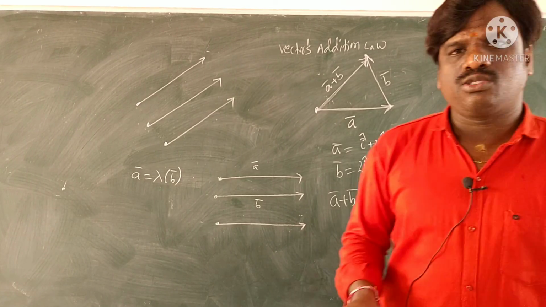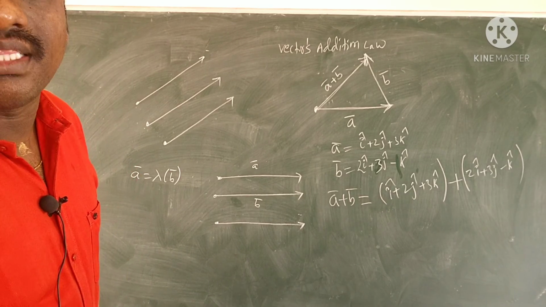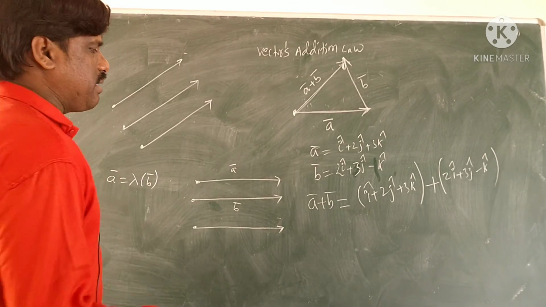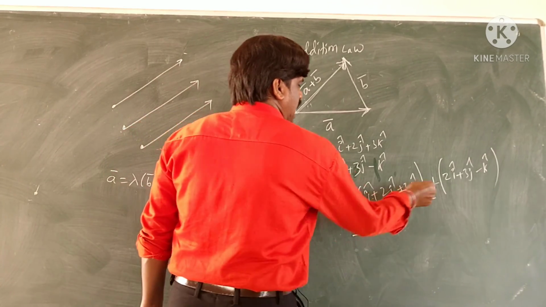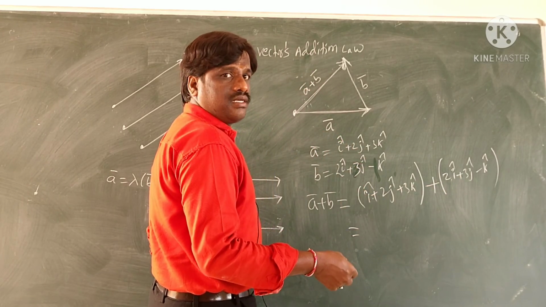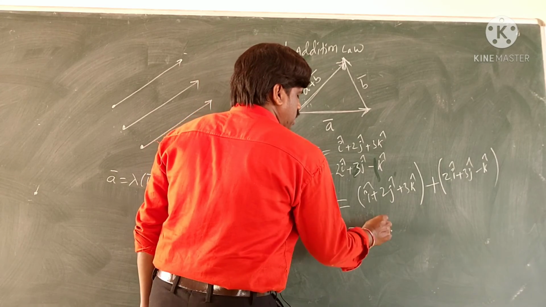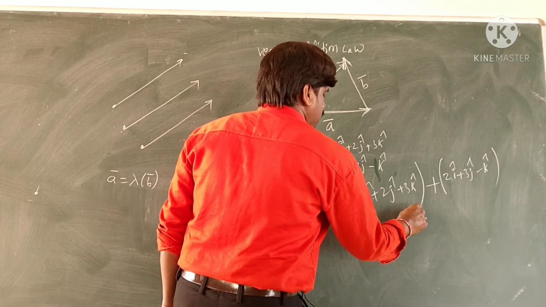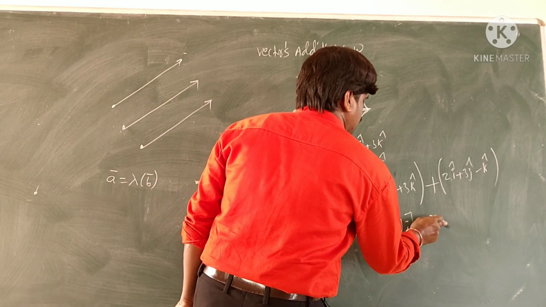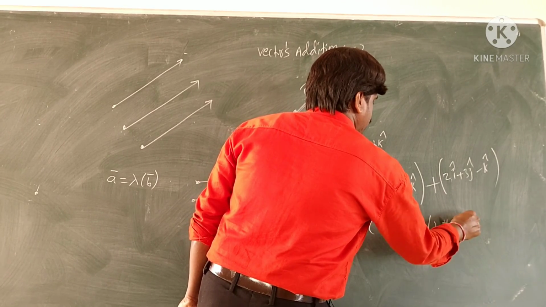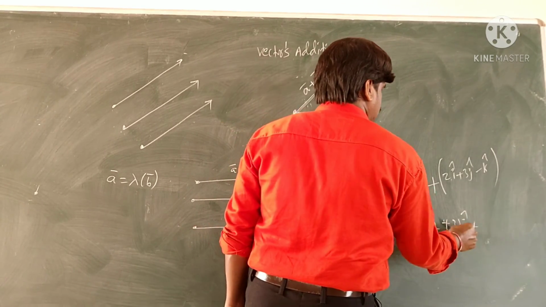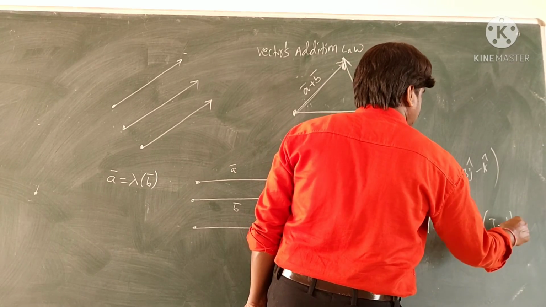Now if I add these two vectors, what is the result? The I components are added. I component is 1 here, and 2 here, so 1 plus 2 I cap, plus 2 plus 3 j cap, plus 3 minus 1 k cap.